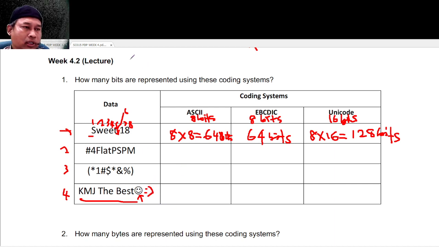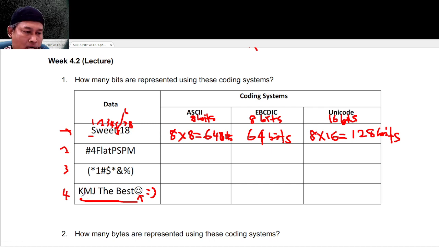The symbol, sorry, it's not an arrow. This one. Yes, this one. So now we count the characters.